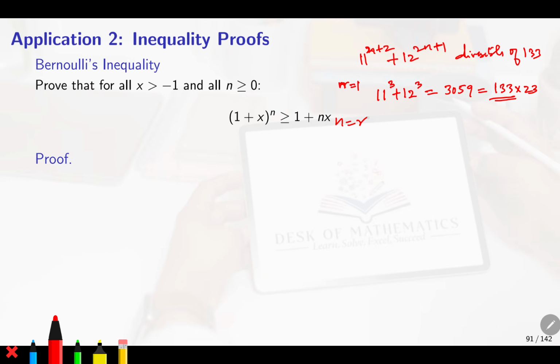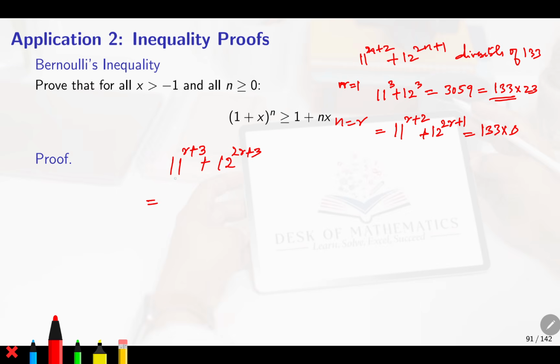For n is equal to r, we will say 11 to the power r plus 2 plus 12 to the power 2r plus 1 is 133 times some s. So we will prove for r plus 1. 11 to the power r plus 1 plus 2, that's r plus 3, yes or no? Plus 12 to the power 2r plus 3.